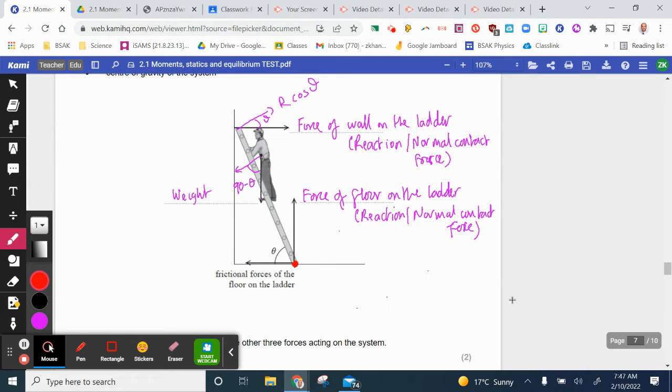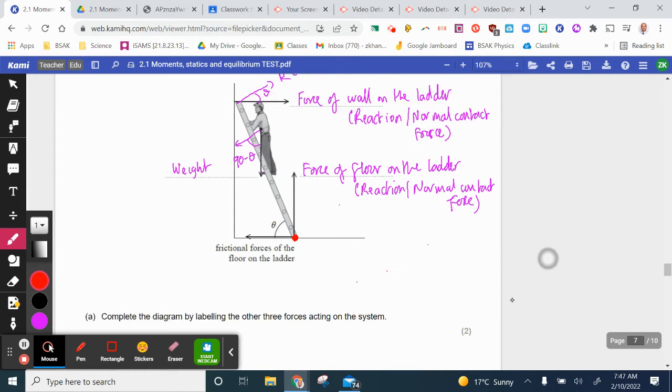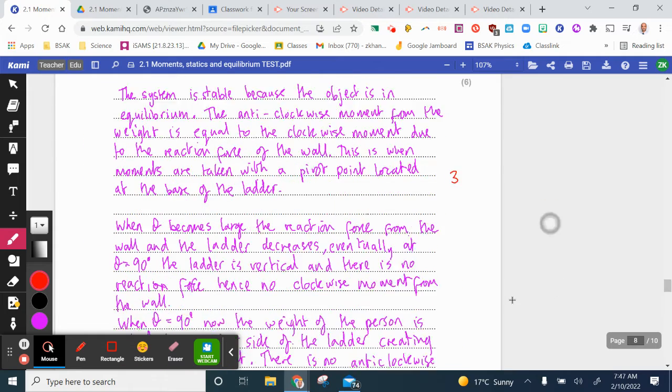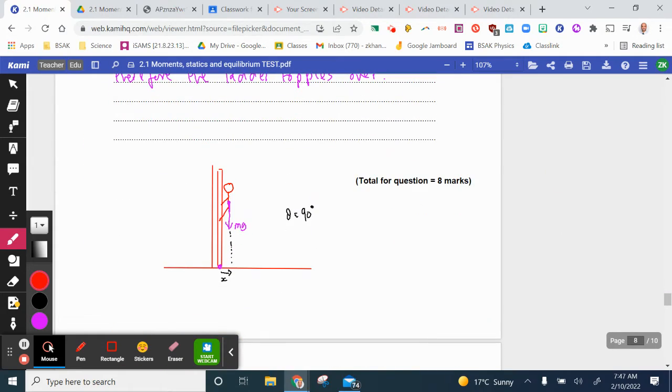That means there is less frictional force acting to stop the ladder sliding, and less reaction force from the wall. Just imagine a position where the angle is 90 degrees and the ladder is perfectly vertical. The wall is no longer pushing on it, so there is no reaction force.